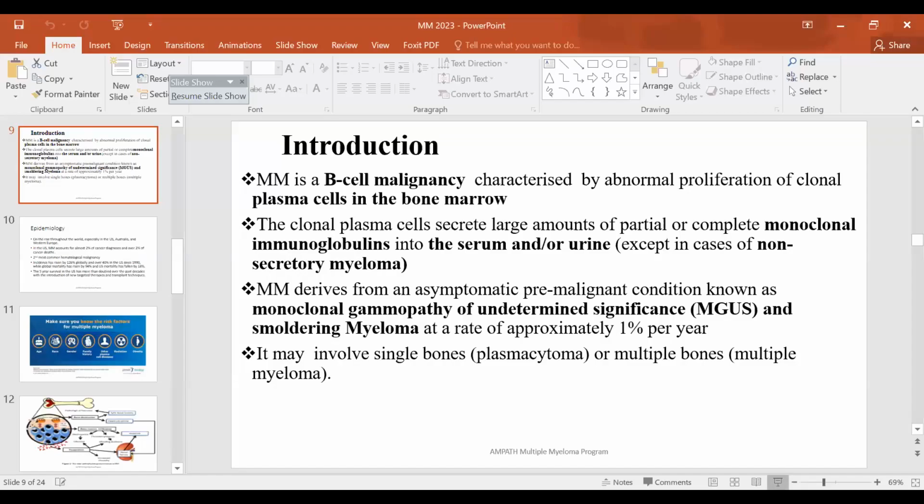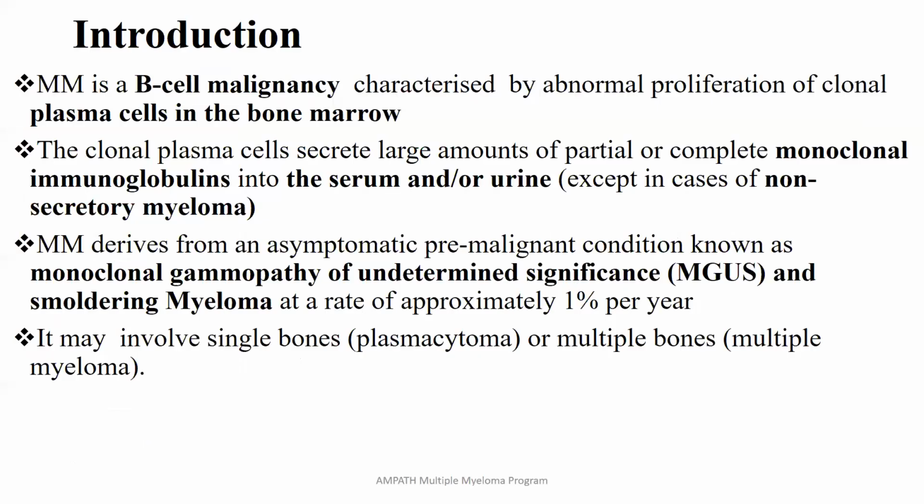Let me share again. As you're sharing, when you talk about monoclonal gammopathy of undetermined significance and smoldering myeloma, it looks at those levels that I had mentioned, and usually there's absence of end organ damage.